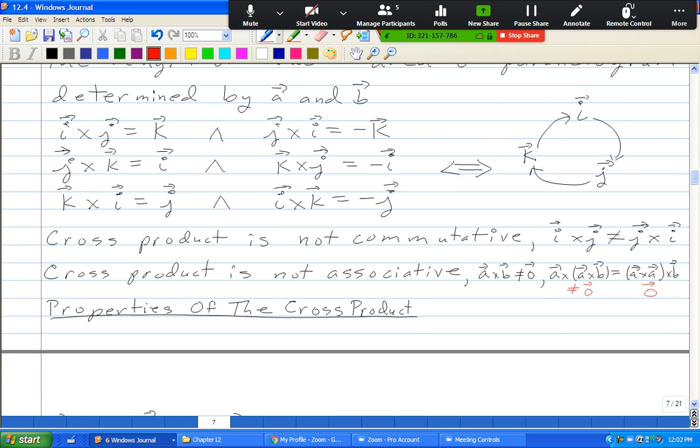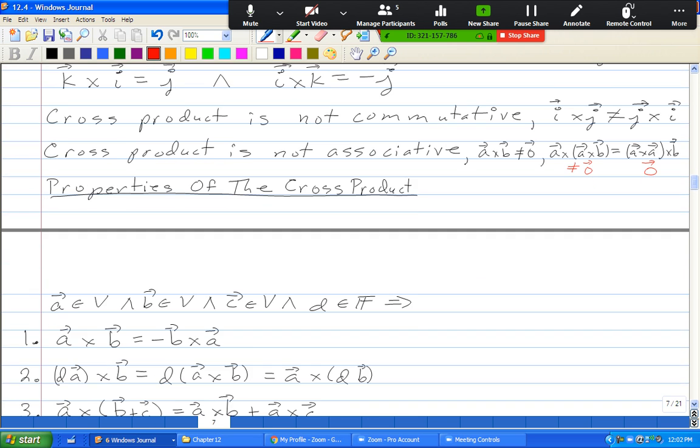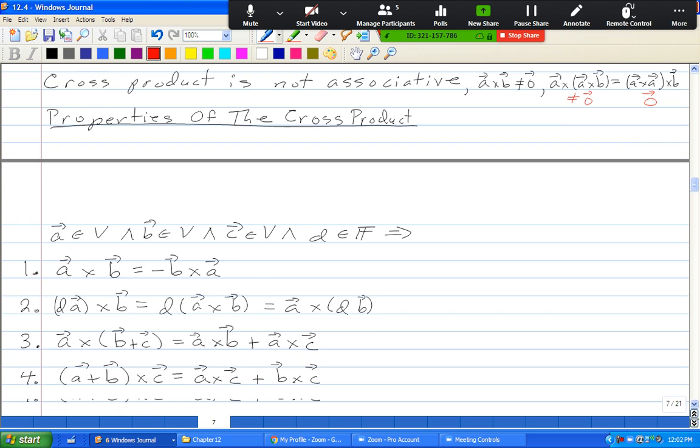So first off, suppose that A is in some vector space, and B is in some vector space, and C is in some vector space, and D is in the scalar field. Of course, in this case, these have to be in R3 in order for this to work.